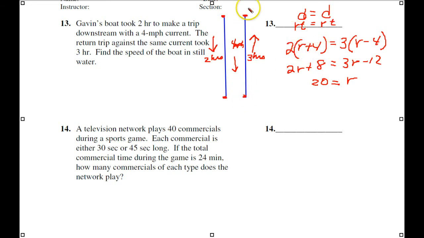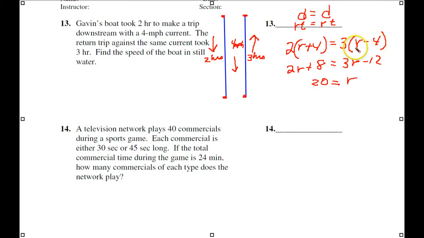Now going upstream, it has its same rate in still water, but now the current is going against it. So its rate going upstream will be r, the rate of the boat in still water, minus the speed of the current, which is 4.